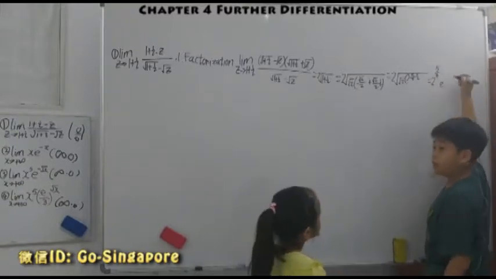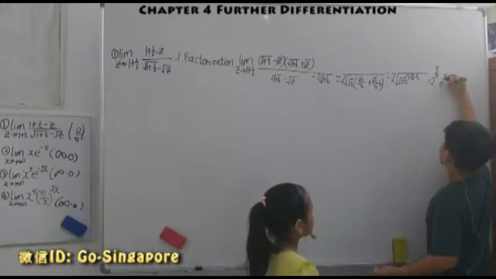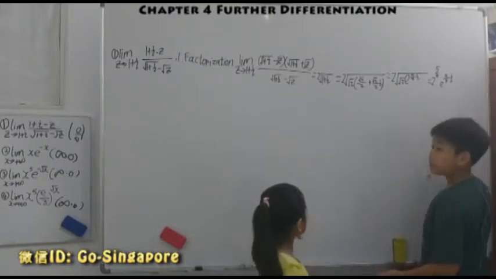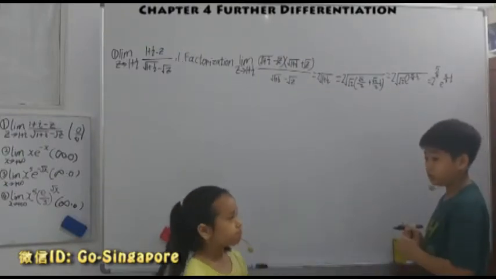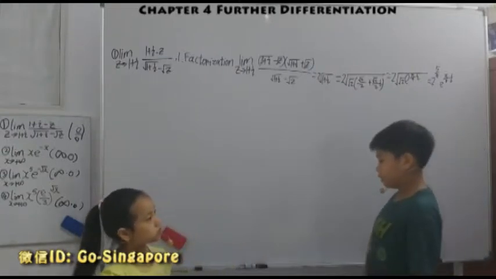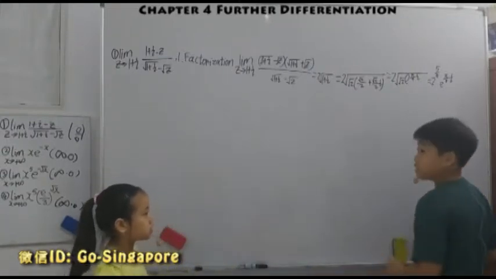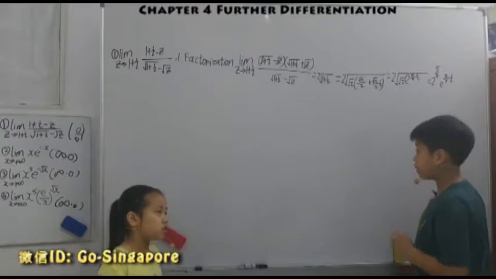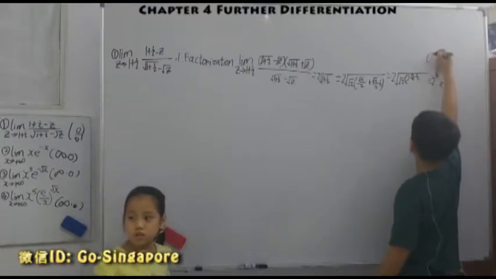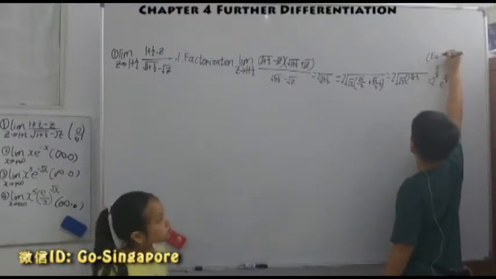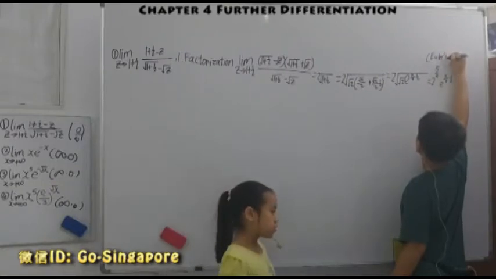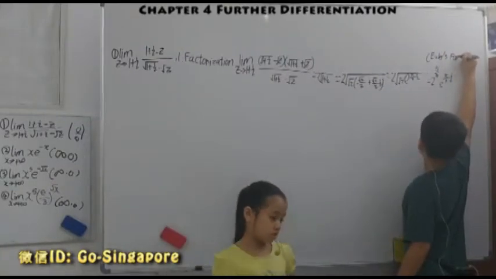Because this is to the power of half times i pi over 8. This can be one of the results. But this is Euler's formula, the result.